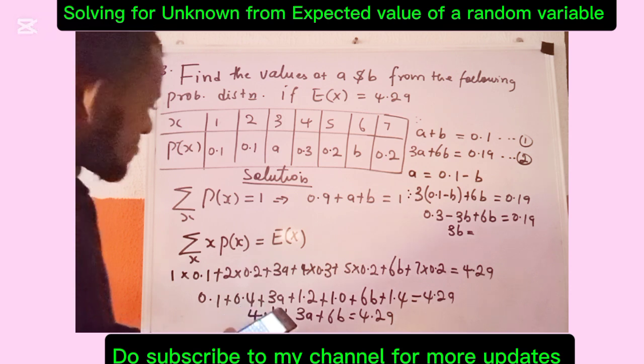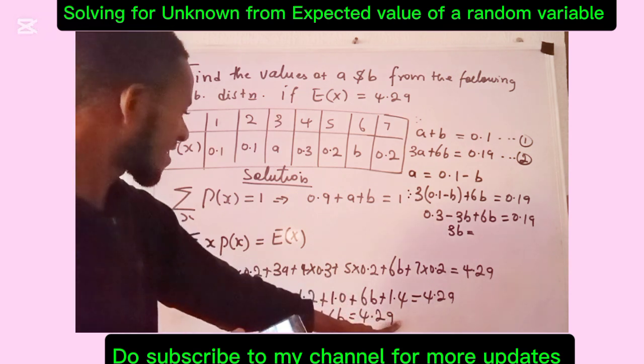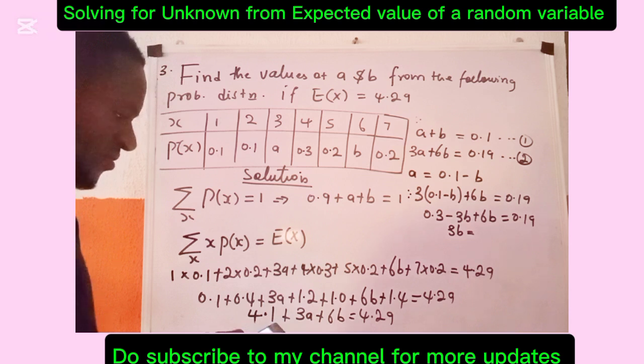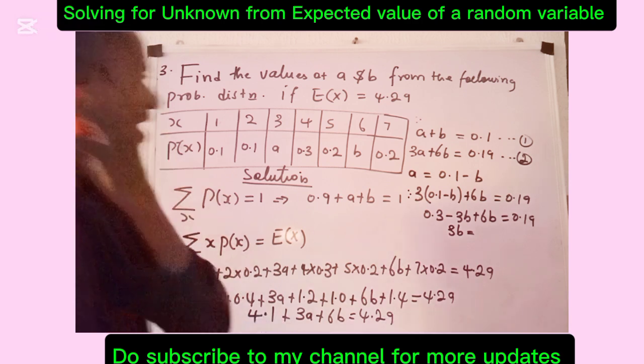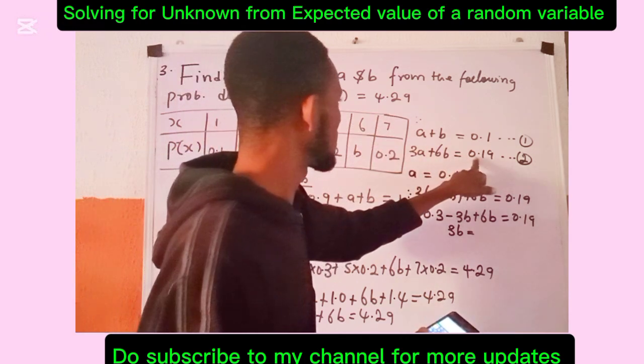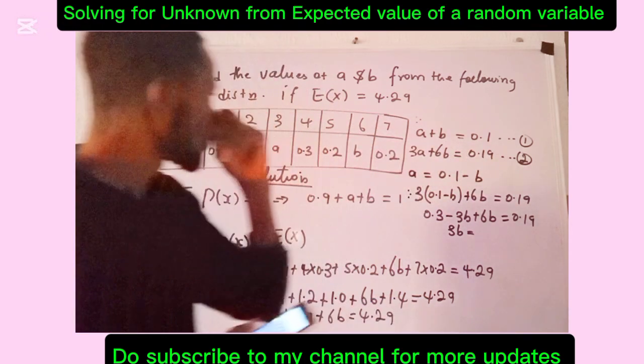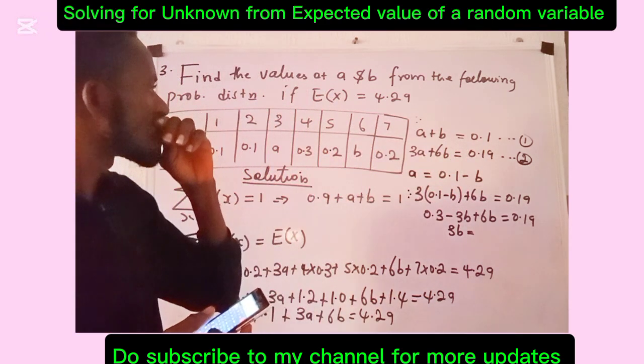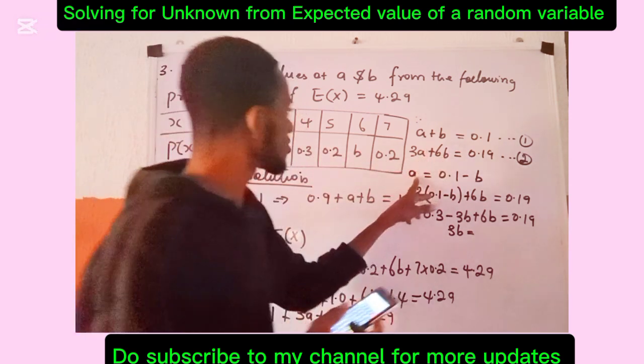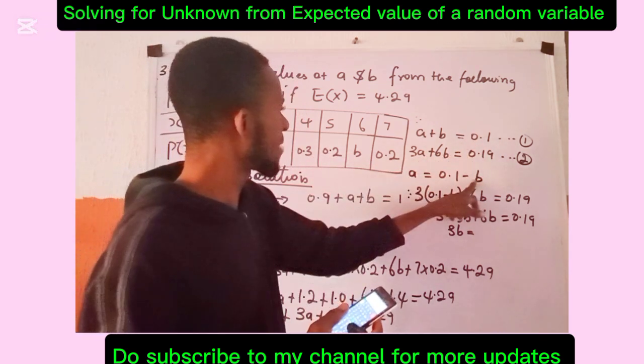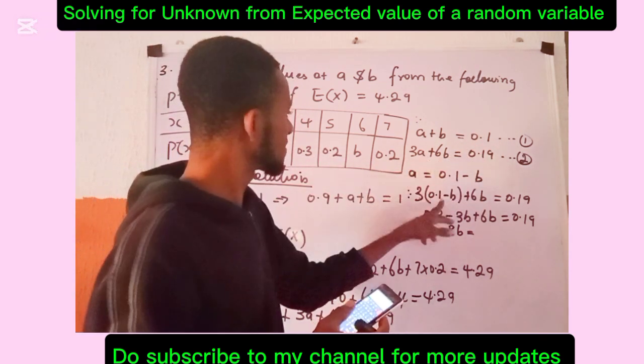Okay. And then bringing this 4.9 here, it is going to be minus. So what I'm going to have now becomes 4 points, which is actually correct, which gave this 0.19. And then making this a sort of formula, we have 0.1 minus b, putting it here.